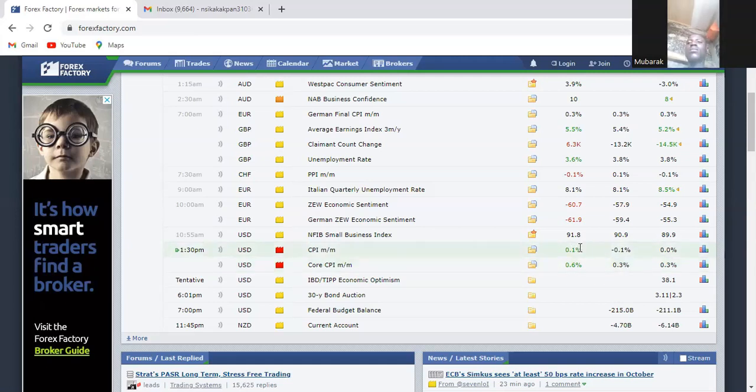Then CPI result actually 0.1, previous 0.0, and forecast is minus 0.1. So the actual is greater than previous and forecast.